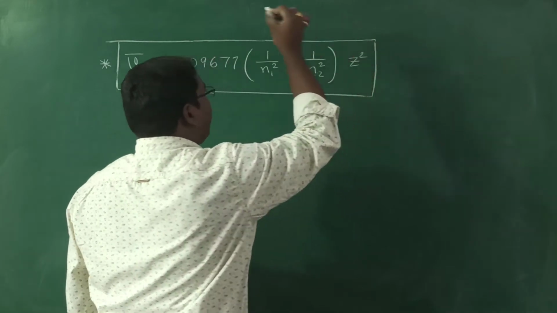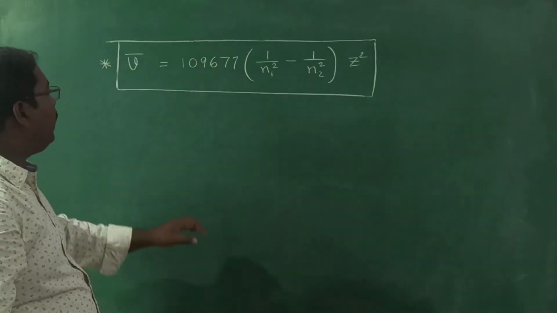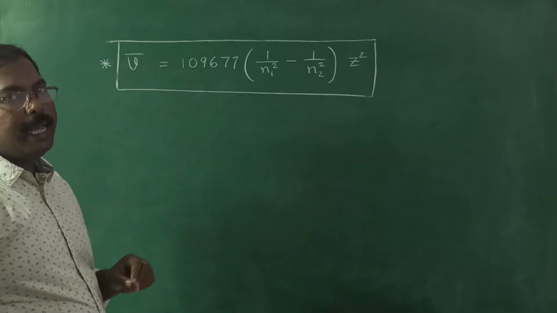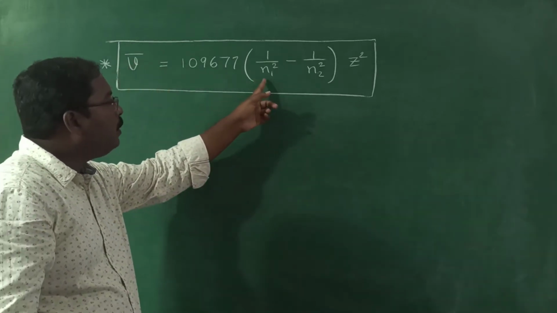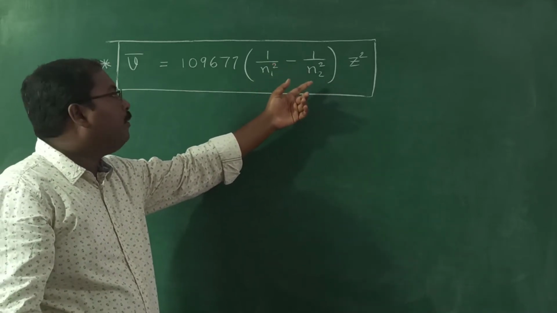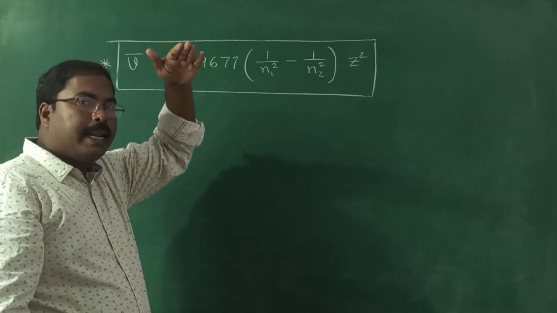So this is the formula given to calculate wave number of a spectral line. Okay, where n1 means what? The lowest orbit, the lowest energy level. N2 means higher energy level.